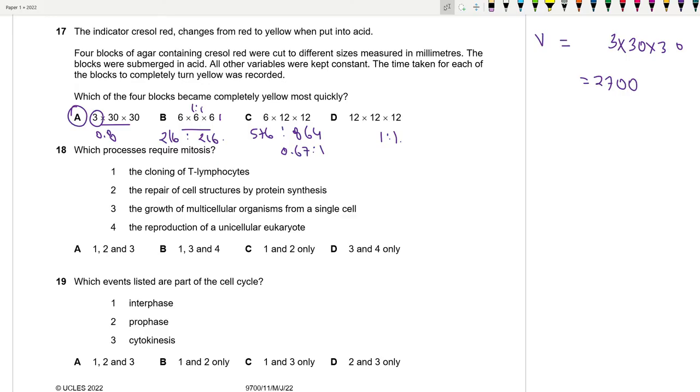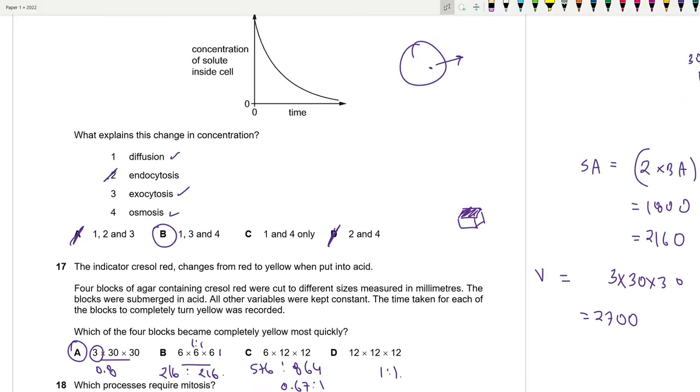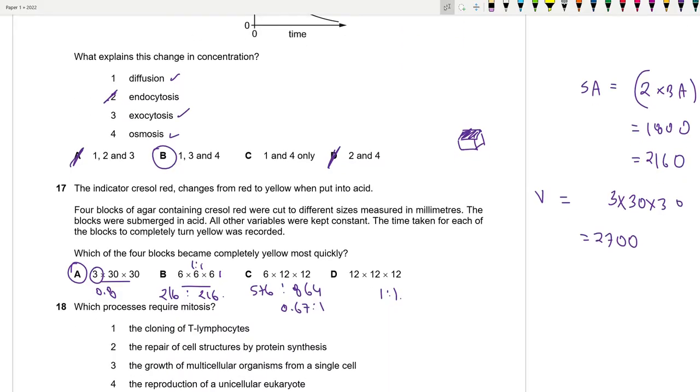Okay. Which process requires mitosis? 18. Repair of cell structures, reproduction of unicellular eukaryote, the growth of multicellular organisms from a single cell.